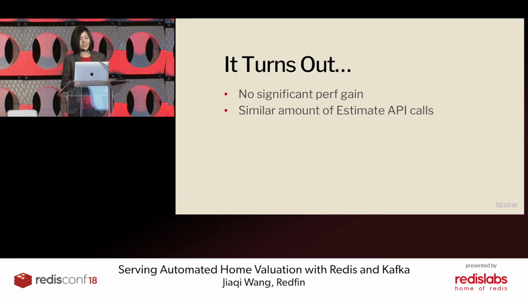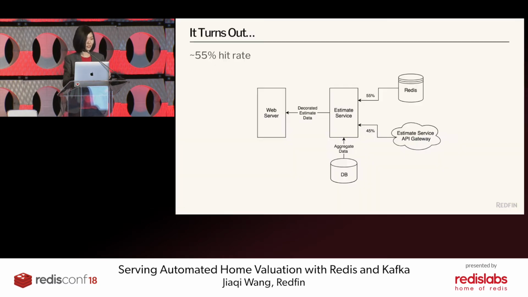And we are also making a similar amount of estimate API calls. What's going on? So we naturally dig deeper into it. We observed that on the map page, we actually achieved an average of 55% hit rate. However, as it turns out, hit rate doesn't matter as much when you're fetching multiple values at a time, at least when it's only around the 50 range.